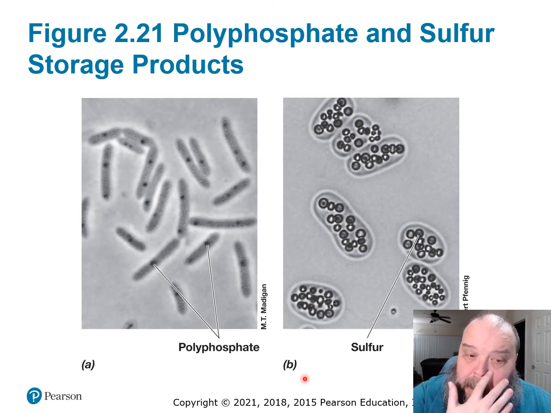So you can see the polyphosphate, these little black dots, they're showing these granules inside the bacterial cells. Same with the sulfur. In these spheres within the cell, those are sulfur compound containing granules that have all been glommed together and stored. As needed, they'll be broken down.